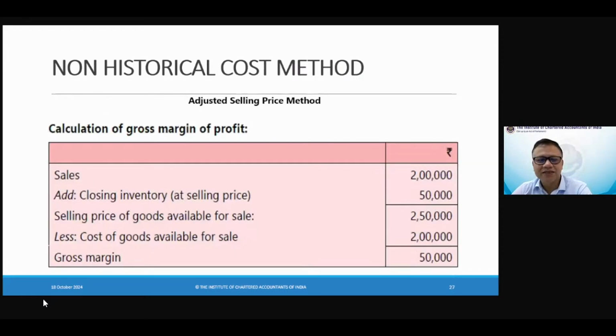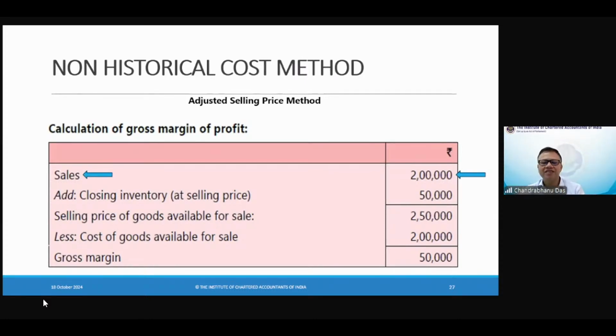Now what happens is, I have got the sales, correct? But I don't know how many goods were ready to be sold, meaning they have become finished goods to be sold. So the sales are 2 lakhs, which has already gone. How much balance is there after the sales?